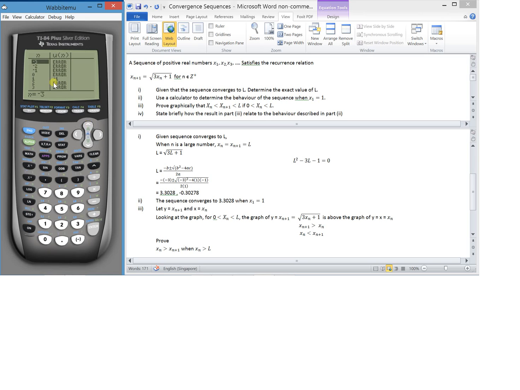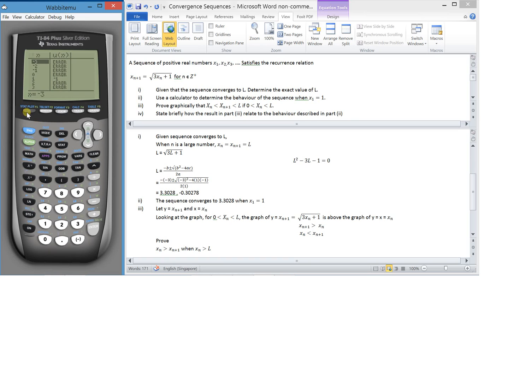Instead, it becomes an error after the first number. Because after you put -1 inside, this becomes -3, and -3 plus 1 is -2. Square root of a negative number gives an error. That's why it doesn't mean that for all numbers it will converge. The first term that we choose matters. That's why the question asks us to determine the behavior of the sequence when x1 equals 1.